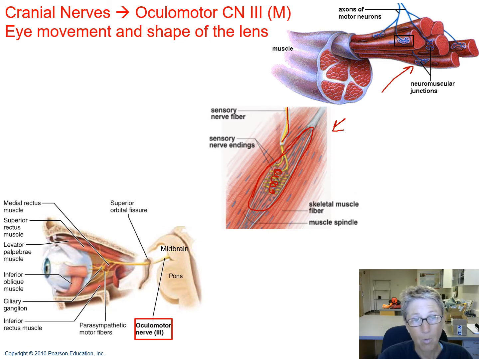Okay, so now we can go to cranial nerve number 3, which is mostly motor, but these are skeletal muscles in your eye. So you don't have to know all these names for this test, but you'll have to know them when we do the special senses, the eye.